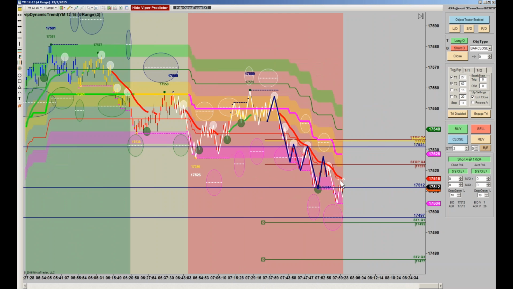It's going to be here in a minute if it takes out this low. Not yet. Still not yet. Okay, that looks like that's going to be it. See it? Kind of forcing it down.